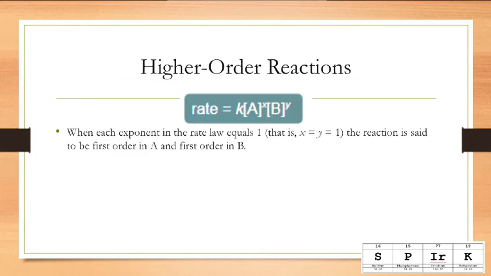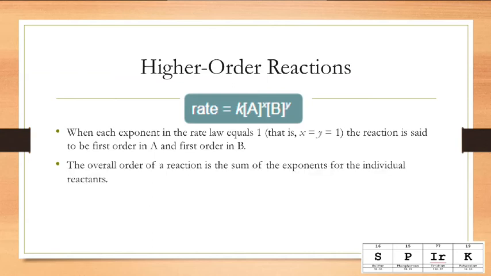When each exponent in the rate law equals 1, so that would be when x and y are both 1, the reaction is said to be first order in A and first order in B. The overall order of reaction is the sum of the exponents for the individual reactants.